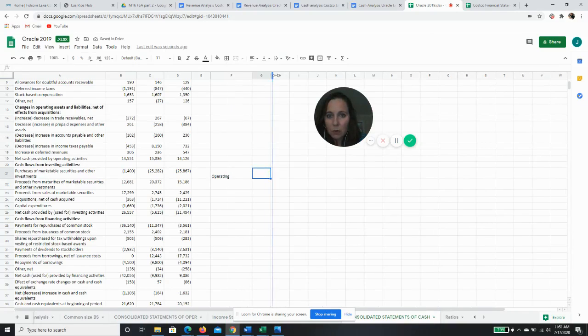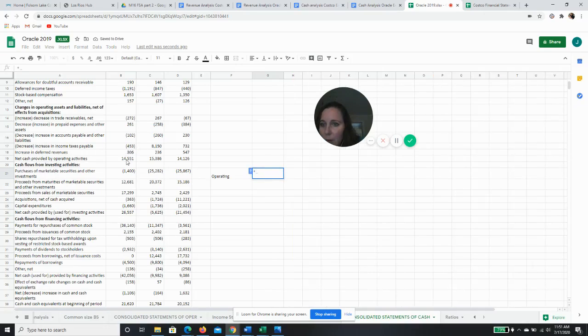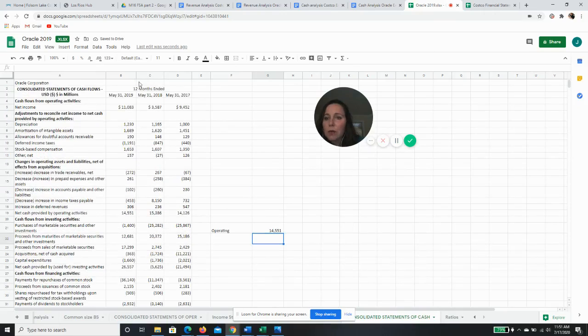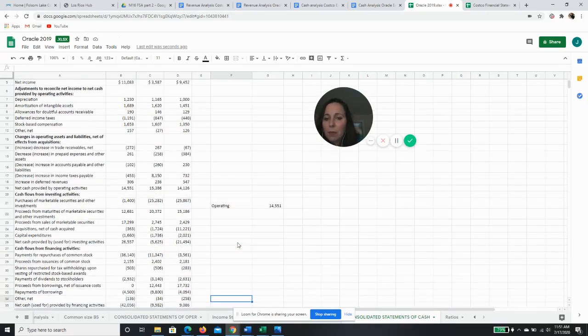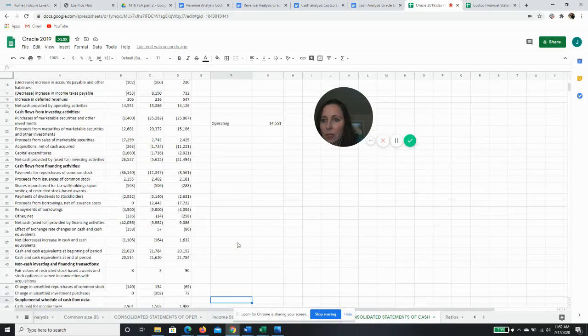I'm going to put this number, cash provided from operating activities, in this column. When we're doing the year-over-year analysis in cash, we only need to look at 2019 because this is telling us what happened between May 31st, 2018 and May 31st, 2019. So these two columns will be irrelevant for our analysis. We're only looking at the current year. Okay, so I've got my operating total, so that's good.